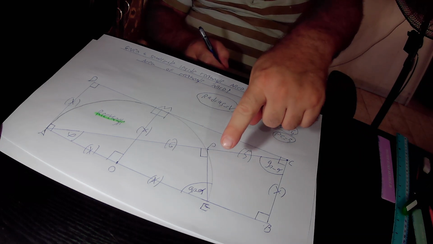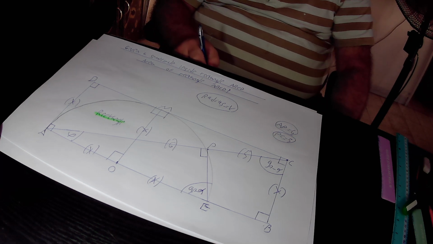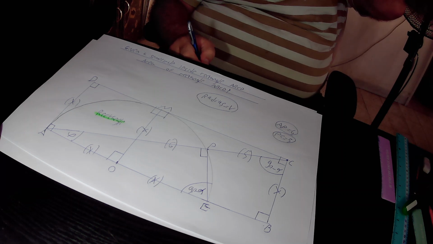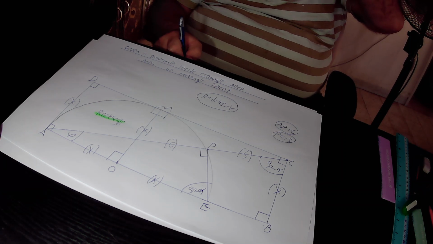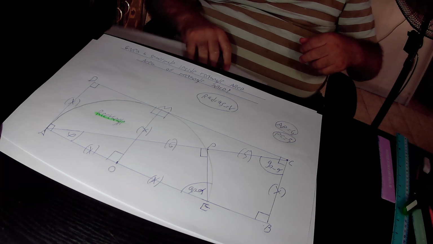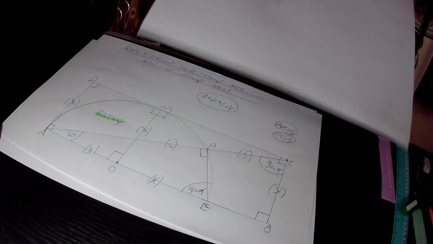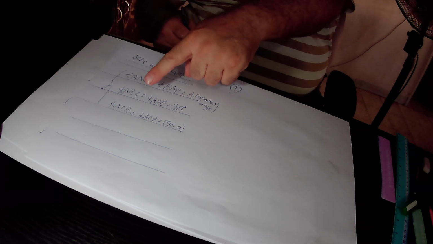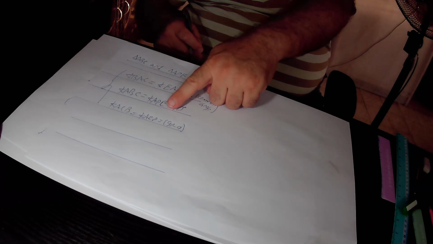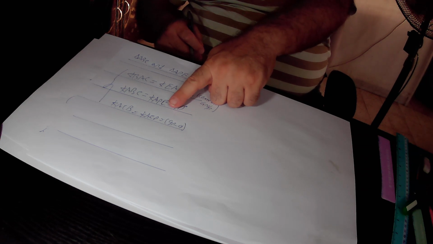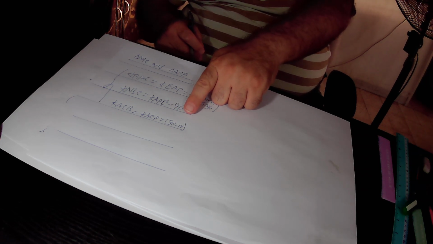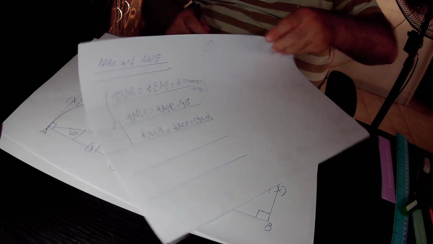It is actually angle AEP in the right triangle APE. So repeat again. Angle ACB in the right triangle ABC equals angle AEP in the right triangle APE. They are both equal to 90 degrees minus alpha, therefore they are equal to each other.